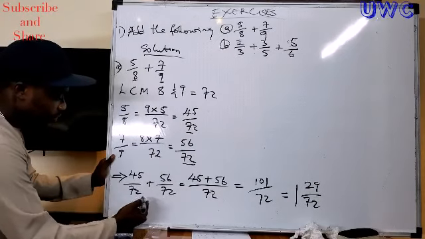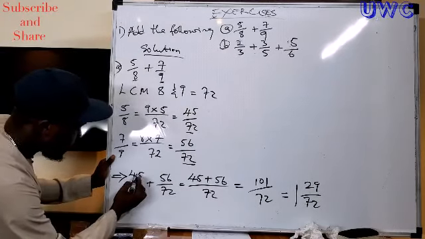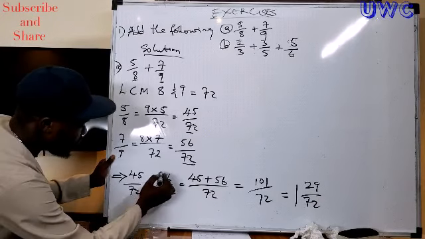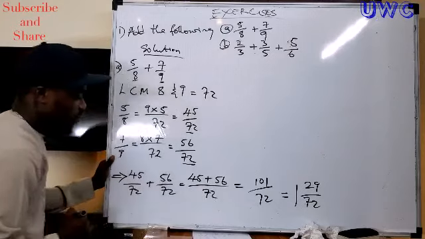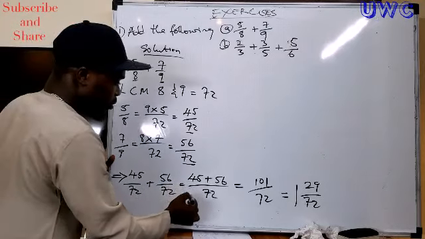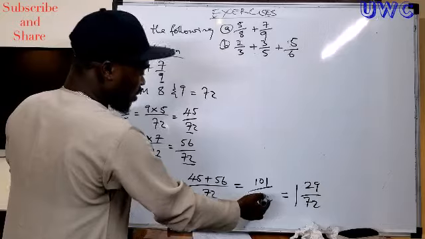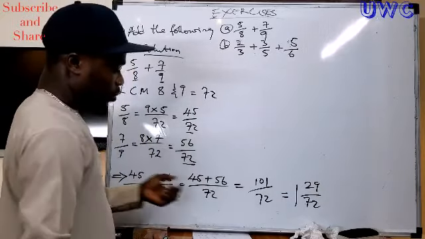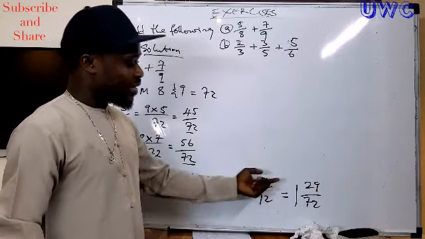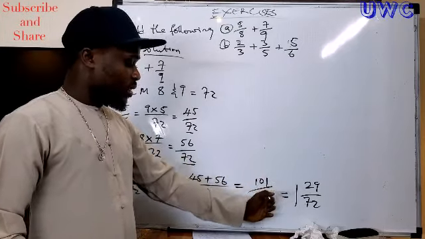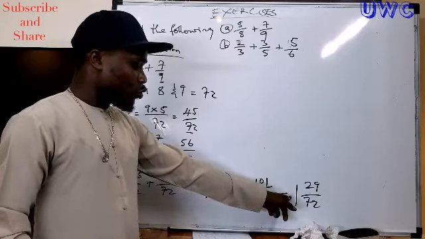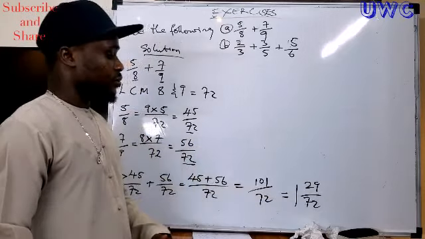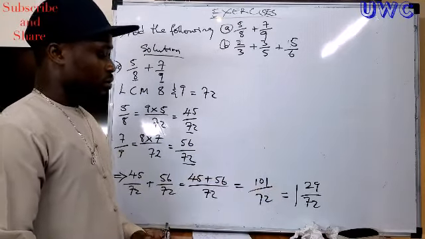Therefore, we can now add 45 over 72 plus 56 over 72. Their LCM is 72. Then we sum the numerators to give us 101 over 72. So this is an improper fraction. To make it a mixed number, we divide 101 by 72 to get one whole number, remainder 29 over 72.